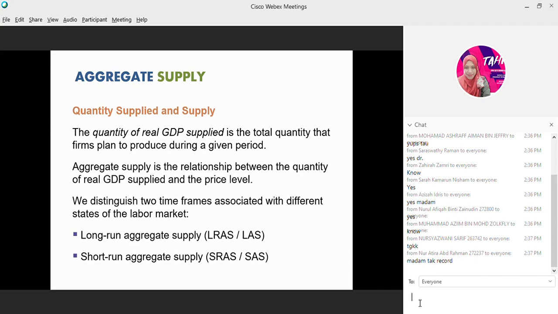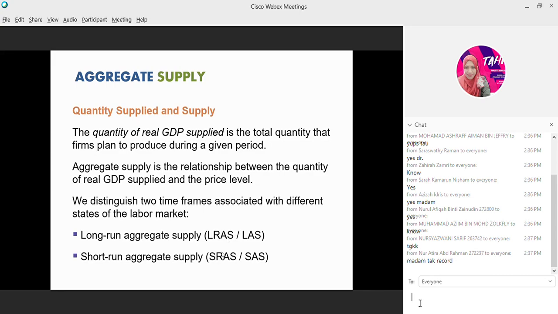So I already explained that we have two types of aggregate supply curve. We have a long run and we have a short run. This is what I mentioned just now. Sometimes we call it LRAS, and sometimes we call it LAS. It depends. If I give you a set of questions that use LRAS, it is also acceptable.